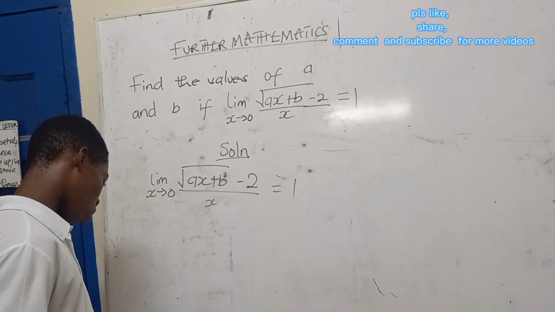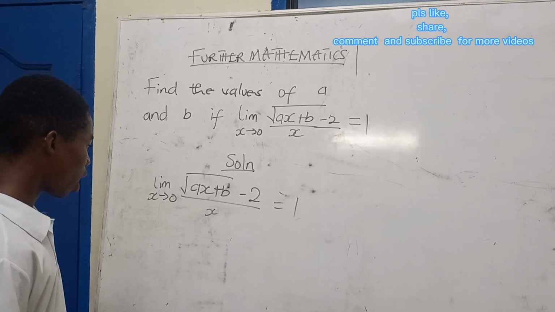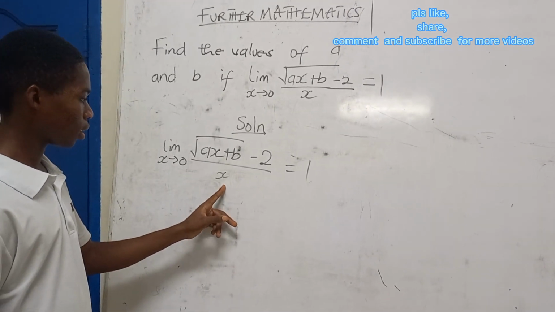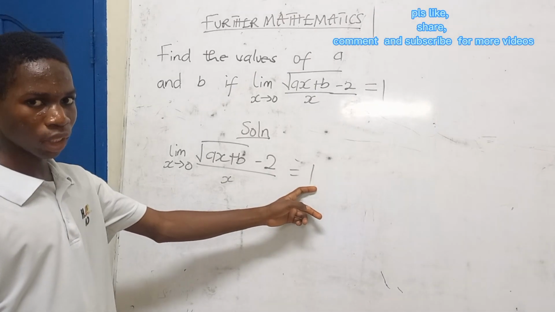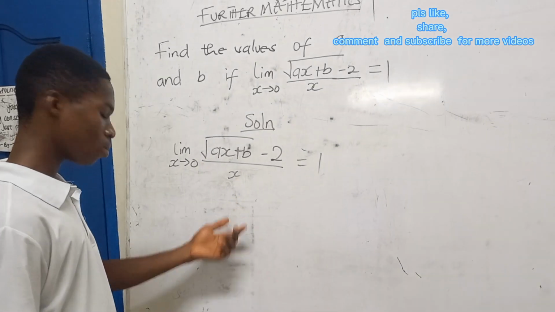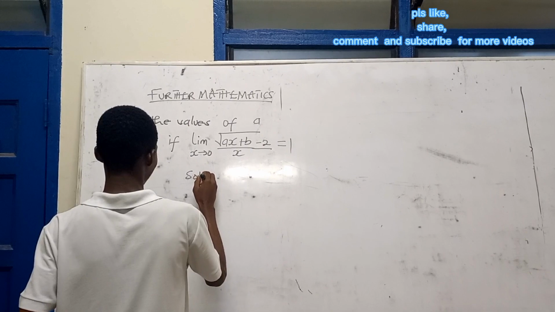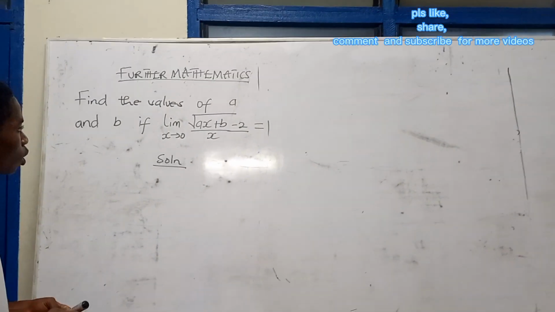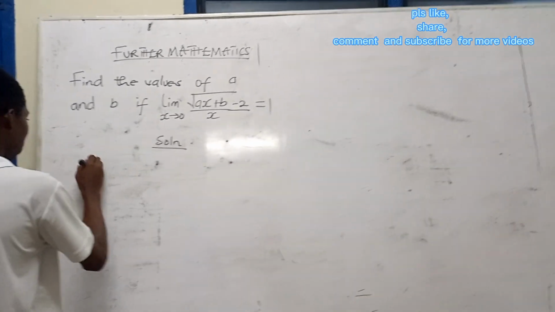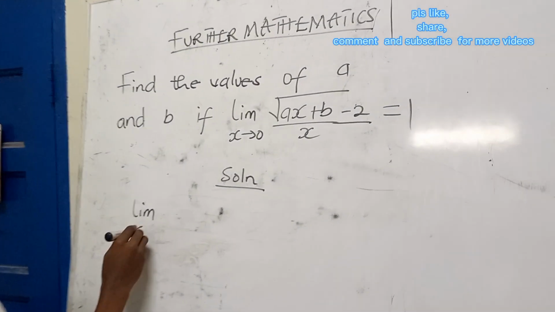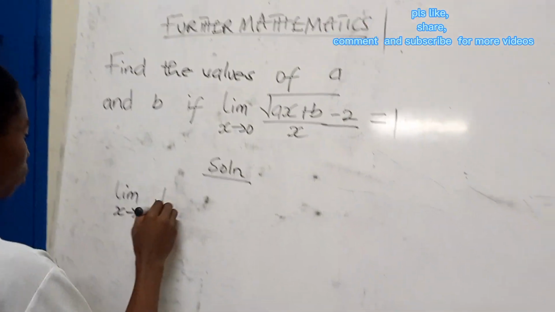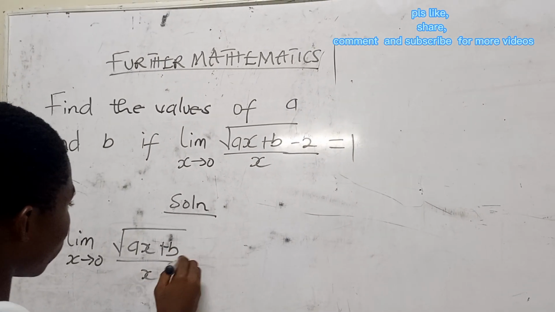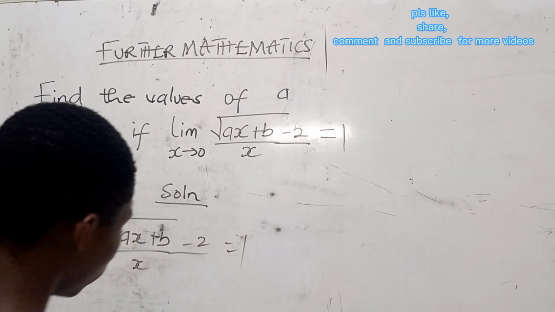So before that, let us write the question as the limit as x approaches 0 of (root of ax plus b, all over x, minus 2), which is equal to 1.